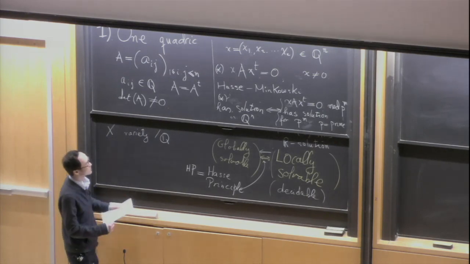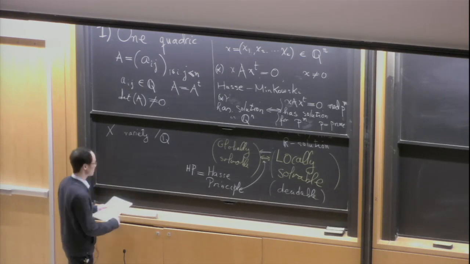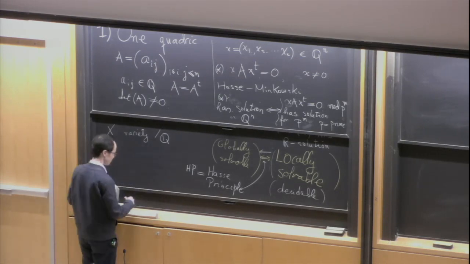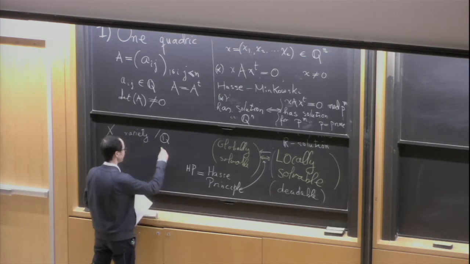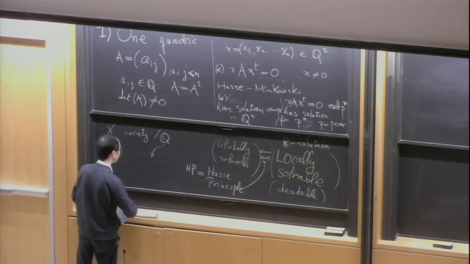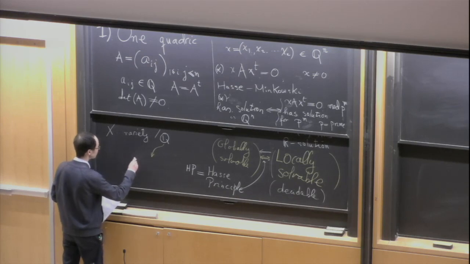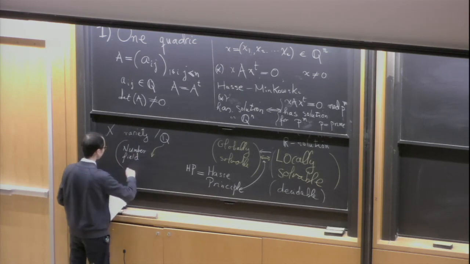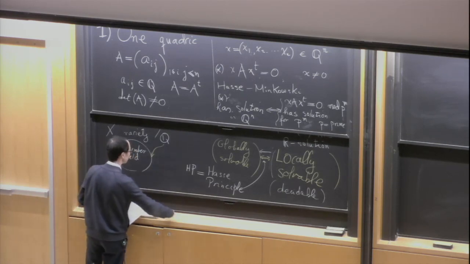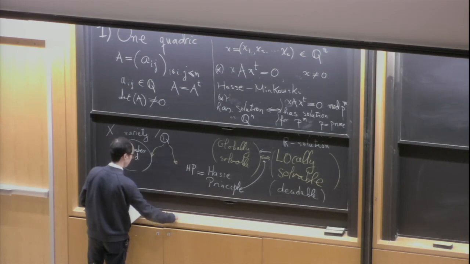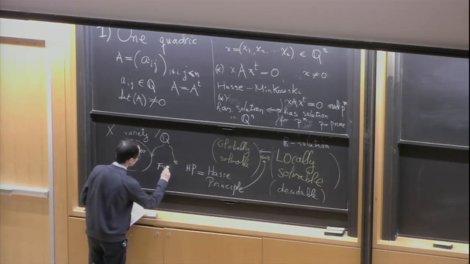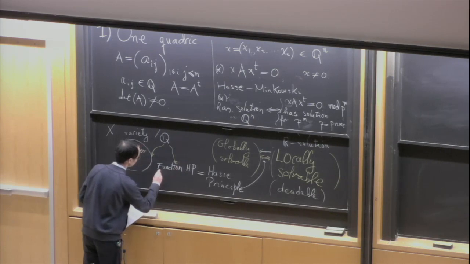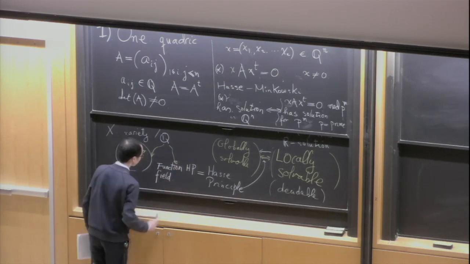So here I only stated a result for rational numbers. What happens is that it's also true if you replace Q by any number field, that is, any finite extension of Q, or the same is true for a function field of a curve over a finite field.